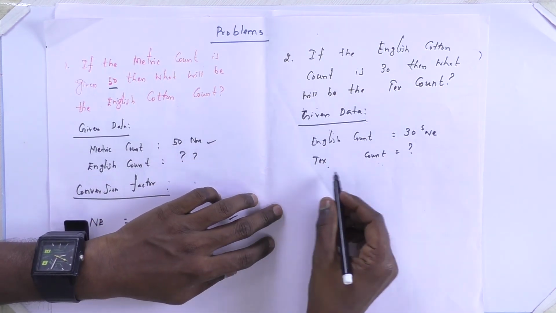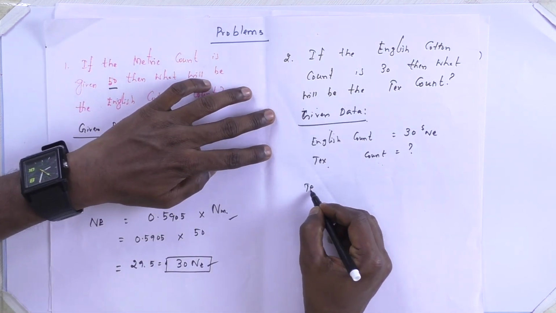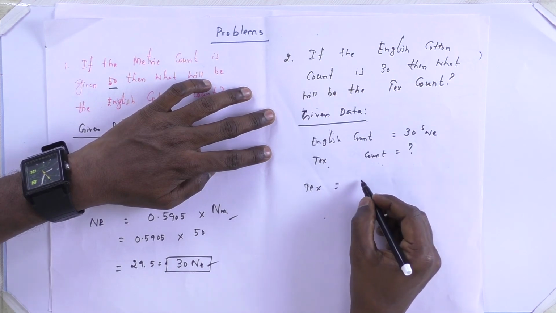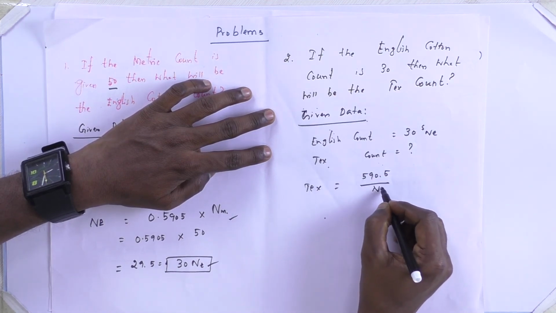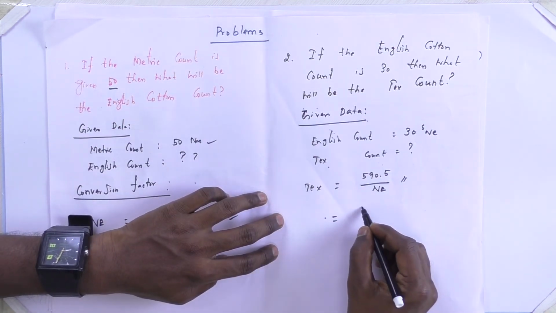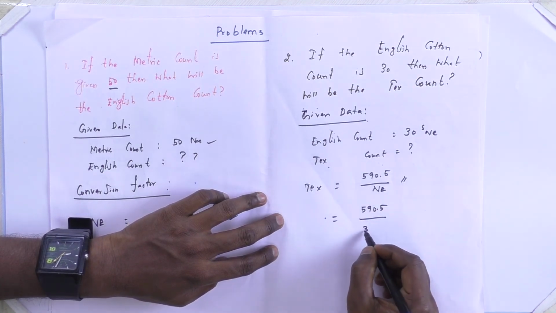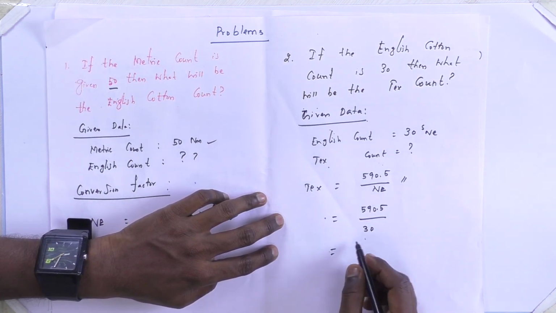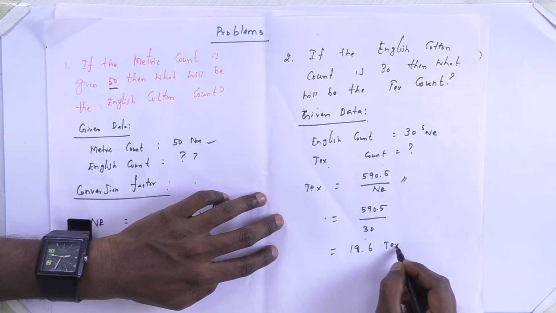We know very well, tex is equal to 590.5 divided by NE. This is the conversion factor. So here 590.5 divided by NE 30, which gives you the answer 19.6 tex.